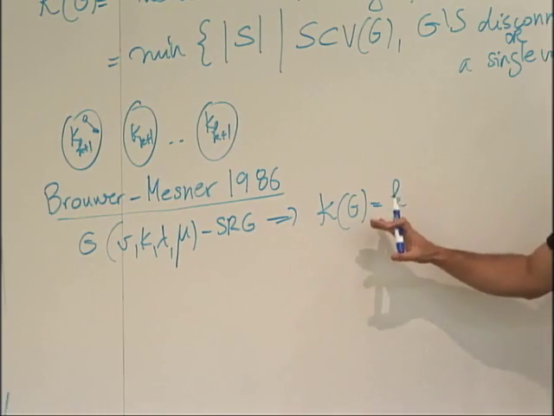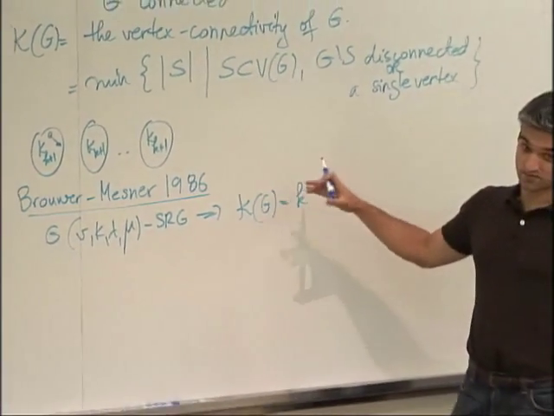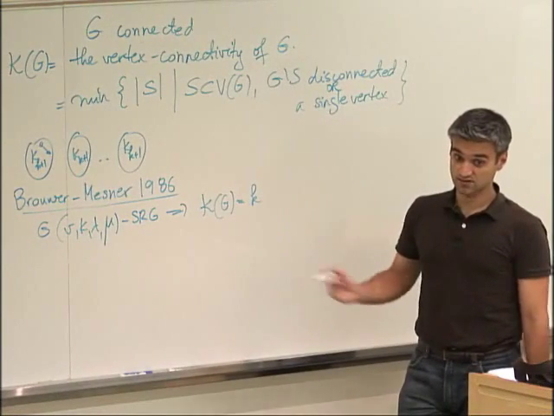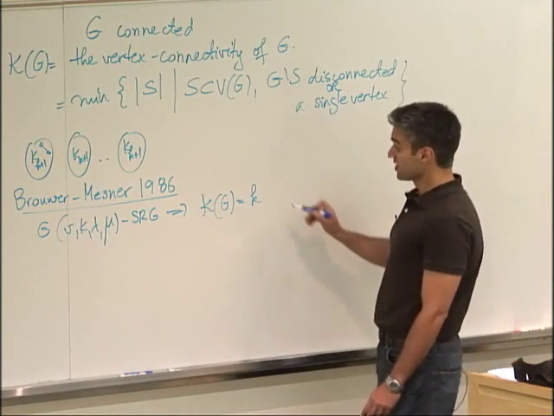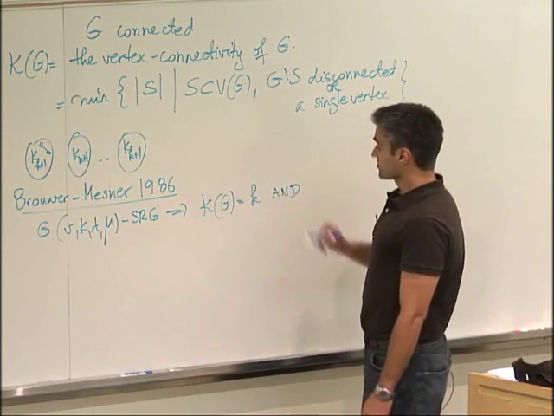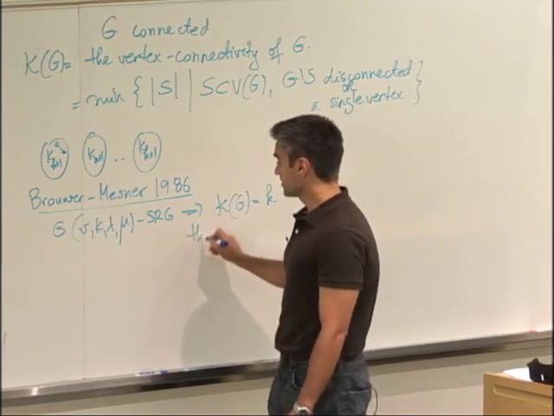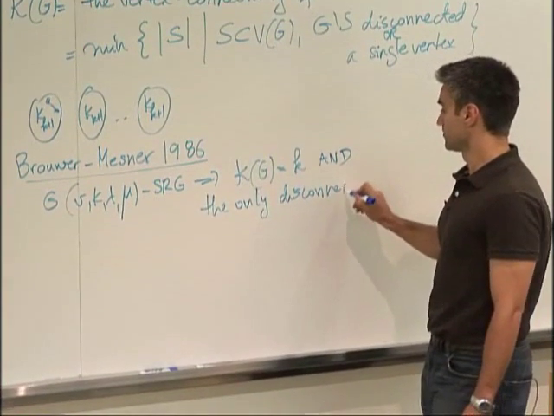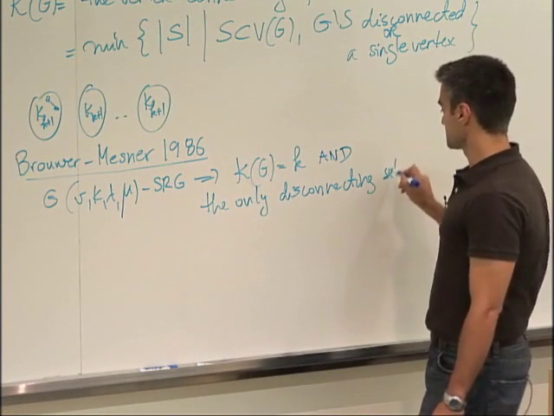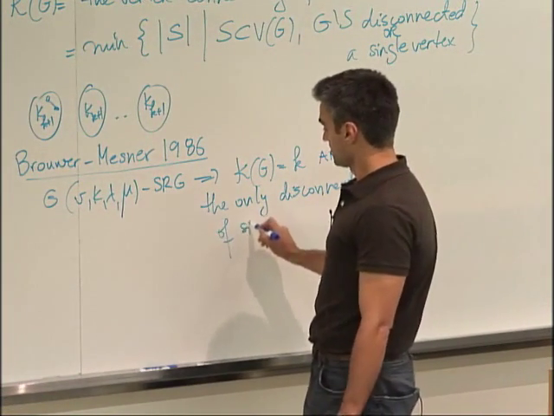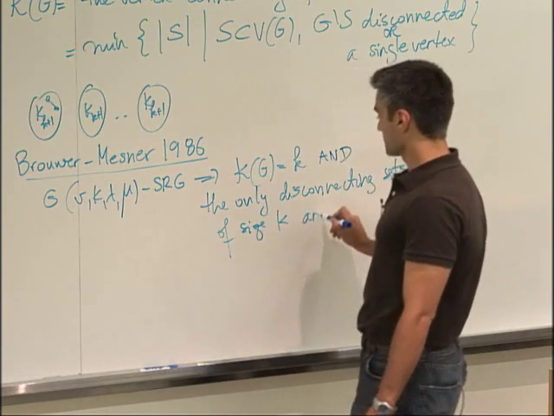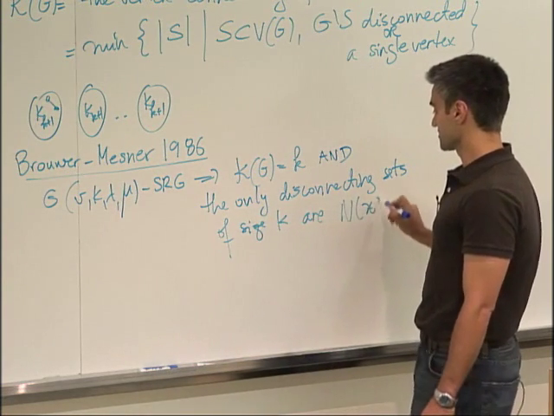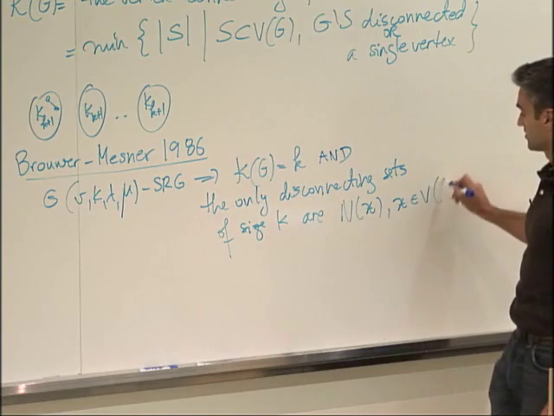It's obvious that this is the largest value of the vertex connectivity, as you can always delete the neighborhood of a vertex. And they also proved that the only disconnecting sets of this size, k, are of the form neighborhood of x, for x in V(G).